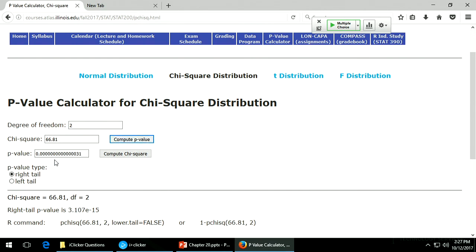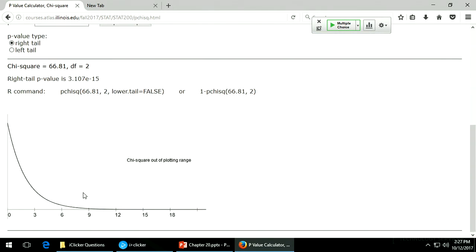See how the p-value is really, really tiny? And on our curve, we knew we were to the right. The critical value was 13.82 for 0.1%. So we knew that there's only 0.1% of the entire curve to the right of 13.82, right? Right there.